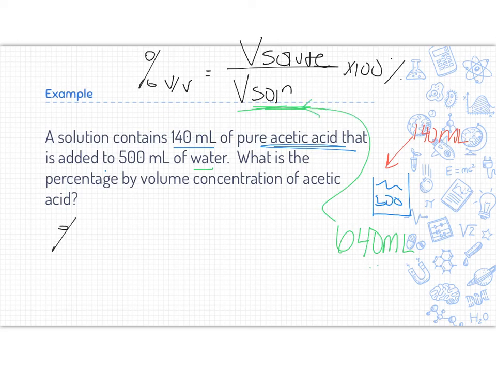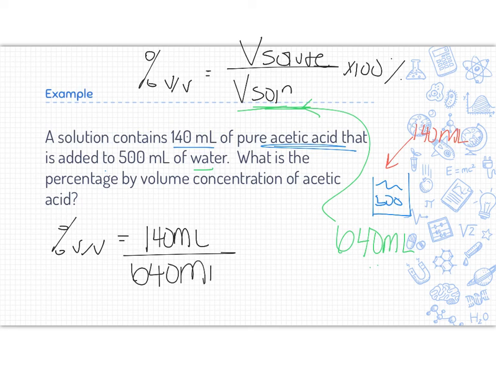So our percent volume by volume will be 140 milliliters divided by our 640 milliliters, which is the total volume of our entire solution, times 100%, we get 21.9% volume by volume, we should say, because there's a few different types of percent.